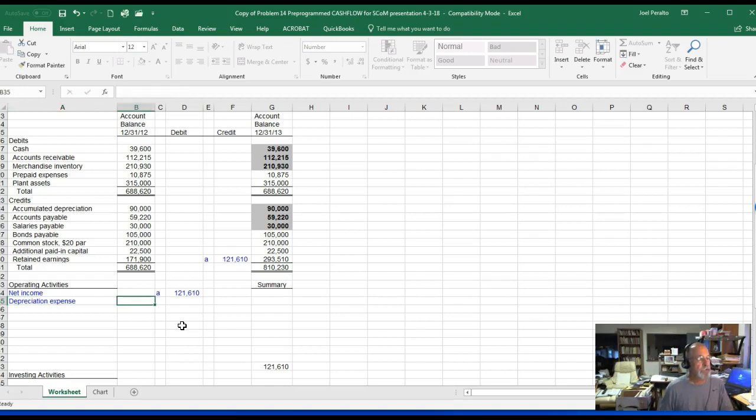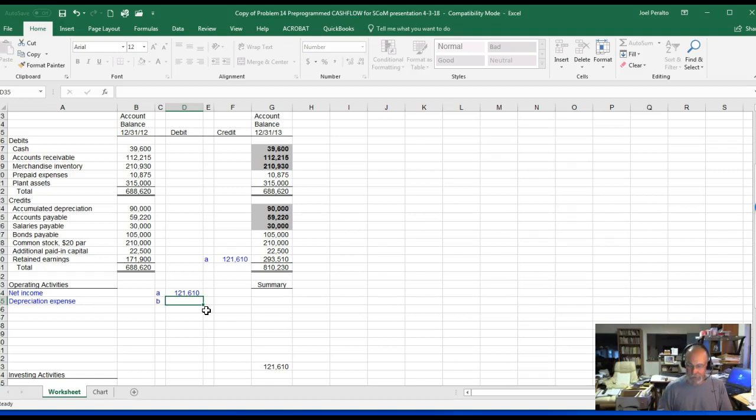And our depreciation, as you might know from studying the statement of cash flow, although this is indirect method, is always added back to our net income amount as a non-cash expense.